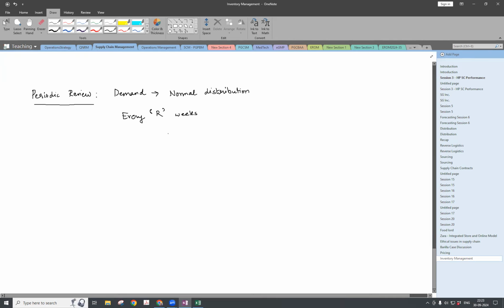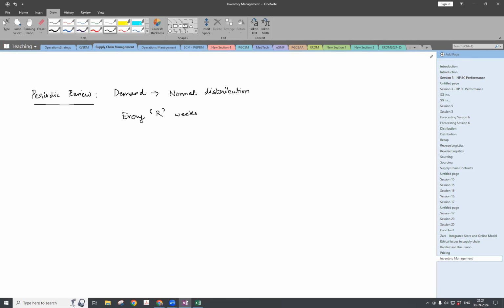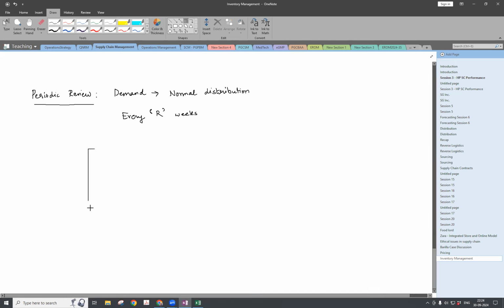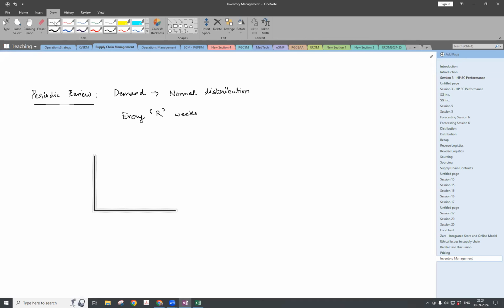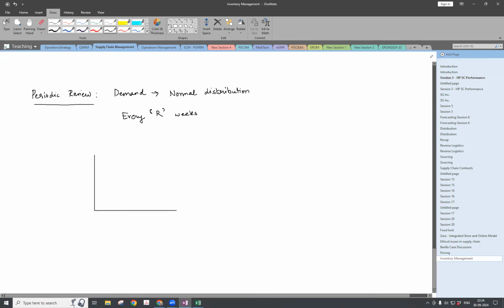Now, that means that we are leaving situations where our entire inventory is left to manage for itself, right? So if my demand happens to be squiggly like this, now this is the time period when I first check my inventory, right?